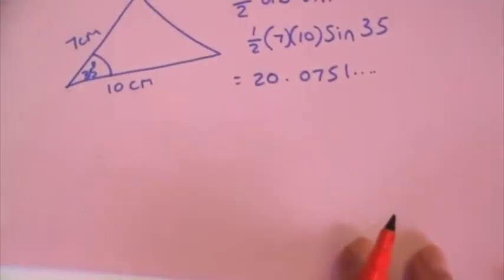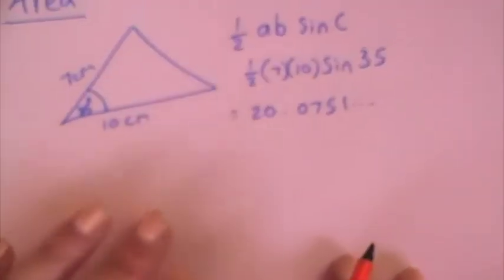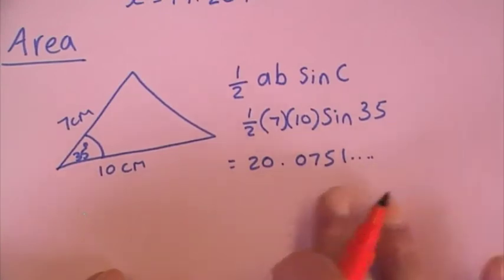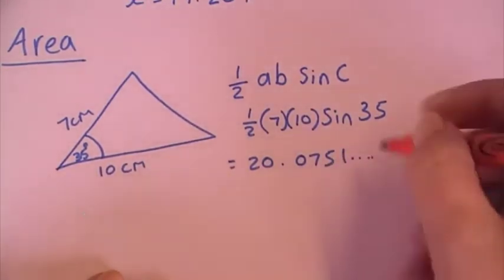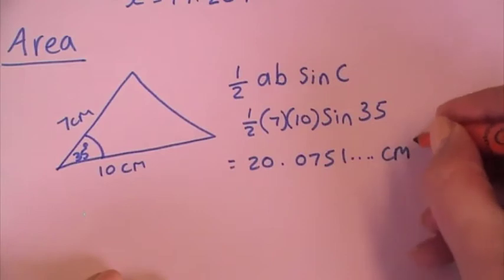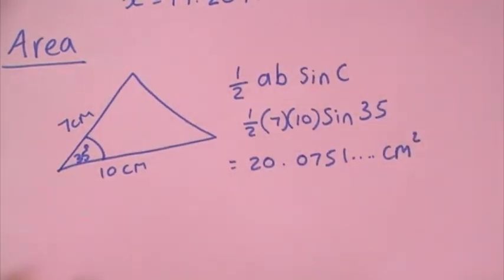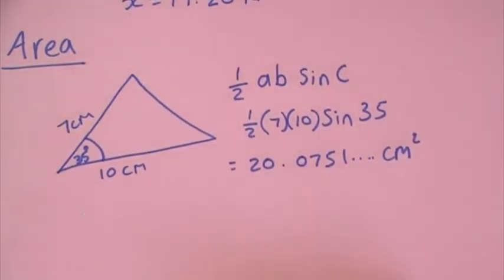They would tell you in the exam what degree of accuracy they wanted, and therefore you would have to round it. But I haven't done that here because it's just an example, and that's going to be in centimetres squared. That's area of a triangle.